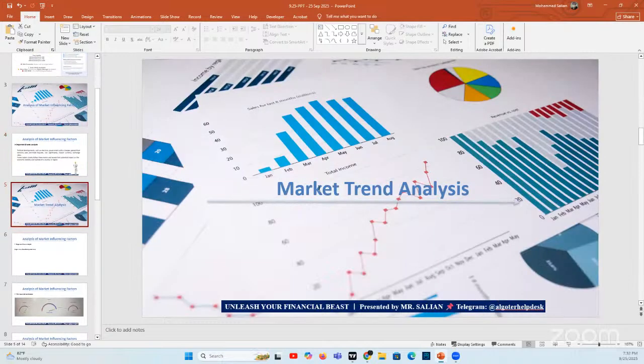Now, market trend analysis. How do you analyze this trend? For example, last month was August. I wonder if I can remember, did the market go up that time or go down or sideways?